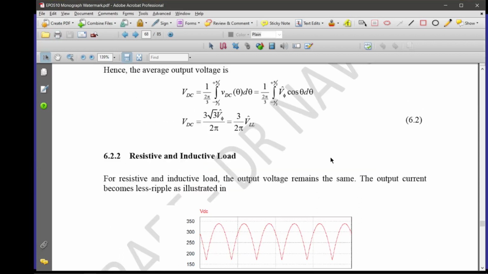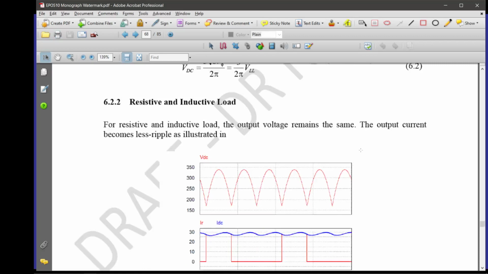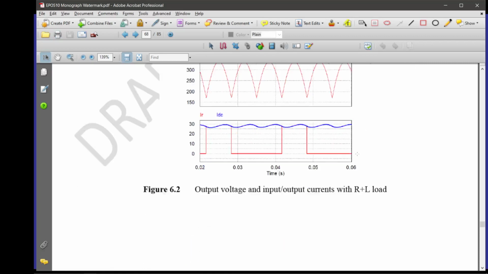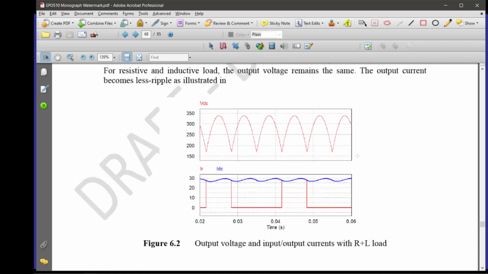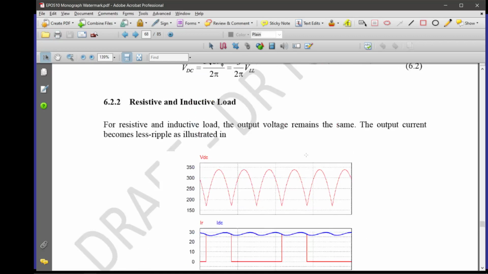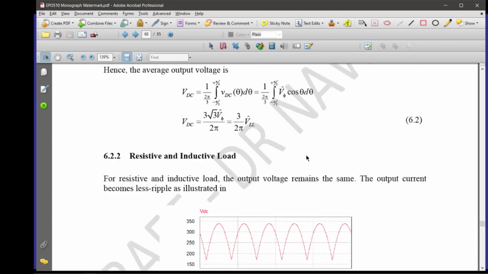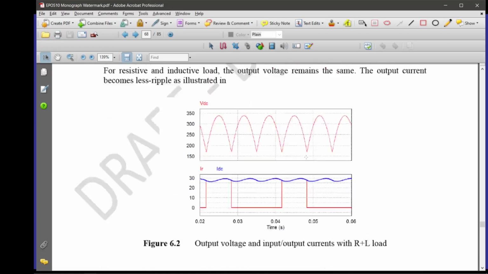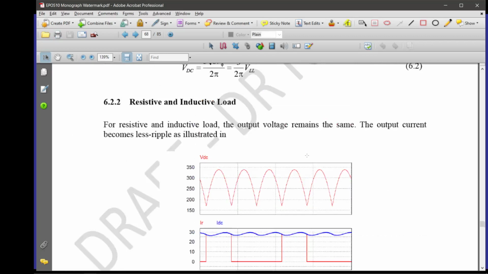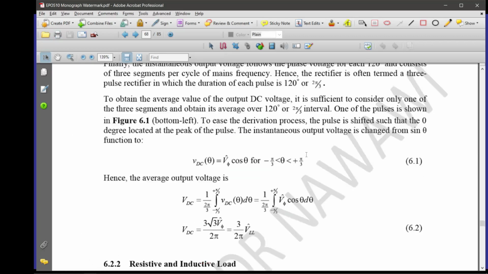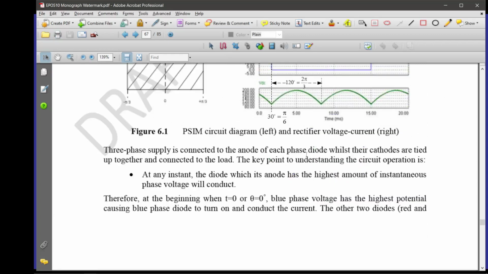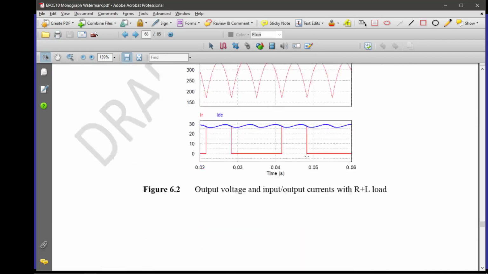Okay, so next we look into resistive and inductive load. In this case, when you look carefully, there is no difference in the output voltage between the resistive and inductive load. However, when you look at the current, you can see that the current becomes continuous now.